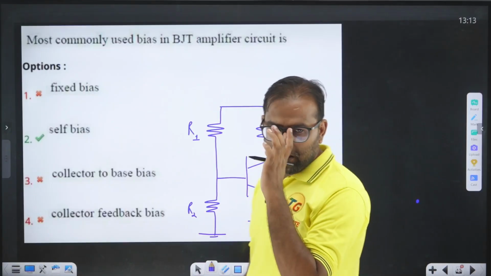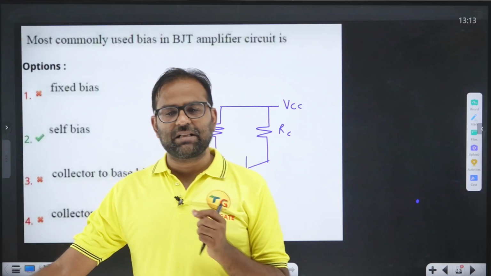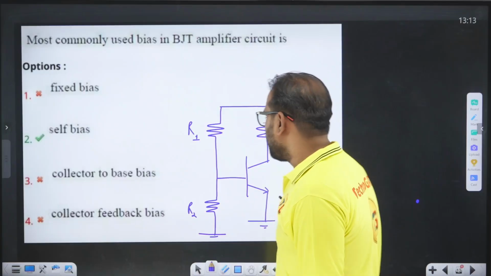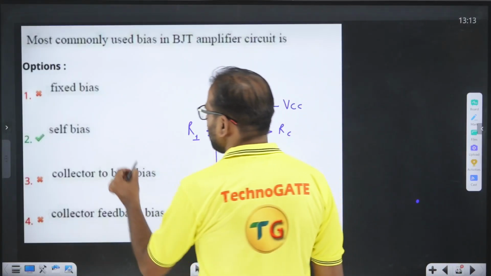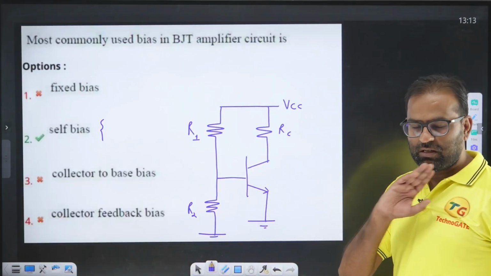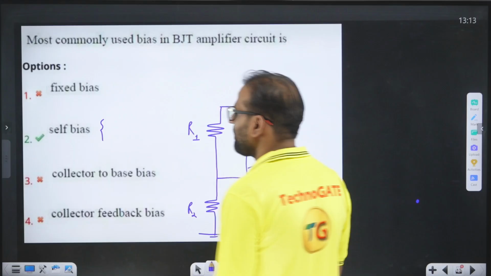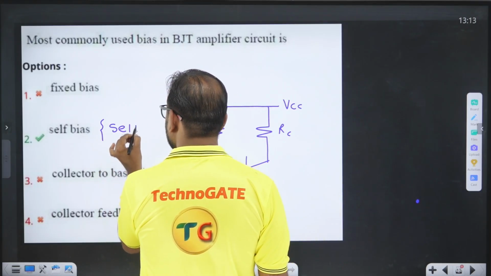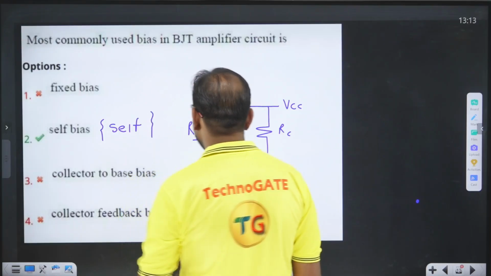These are biasing schemes. Biasing is done in the transistor to maintain certain DC levels. So which scheme is less sensitive to the change in device parameters? That is the self bias scheme, also known as the voltage divider bias scheme.